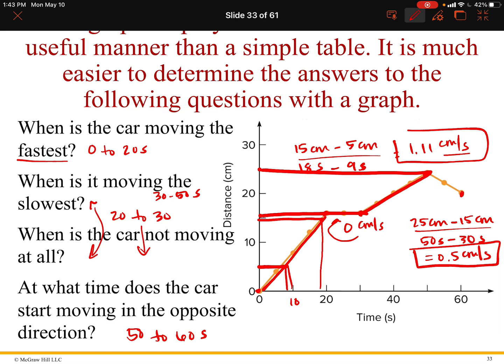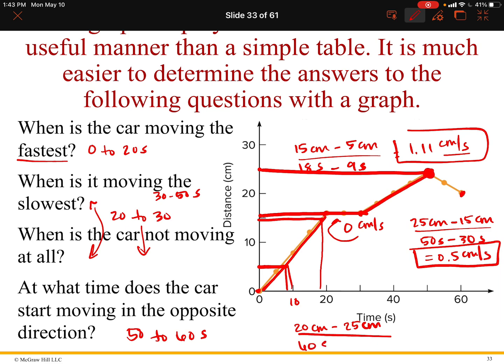When is the car moving the fastest? Well, from 0 to 20 seconds, because it has a bigger slope, okay? And then it says at what time does the car start moving in the opposite direction? So if we go to these 2 points here, our final is now 20 centimeters, but our initial right here was 25 centimeters.